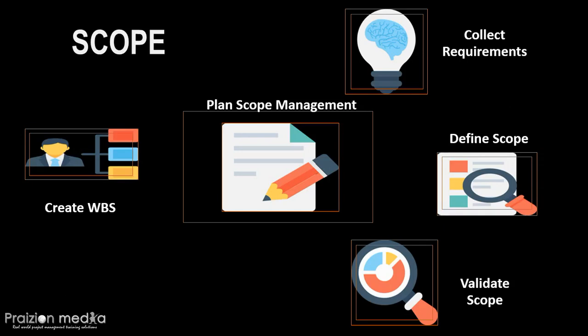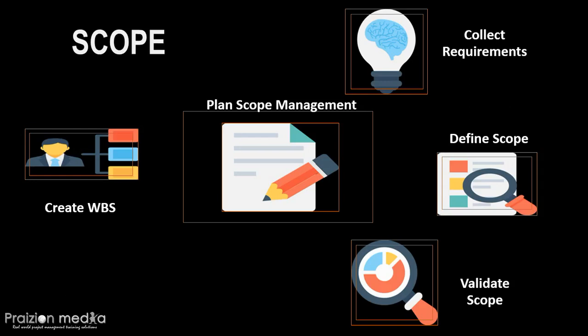It may appear confusing to people who think validate scope should happen before executing, because they think of validate scope as a final check before proceeding into executing. While that could be true, on the flip side, you also need to see this as inspecting that deliverable, the final product, service, or result from the project.